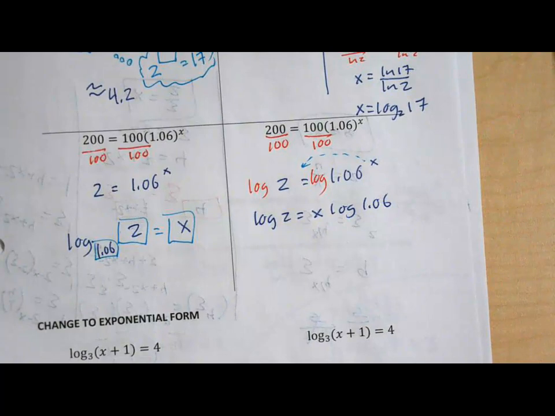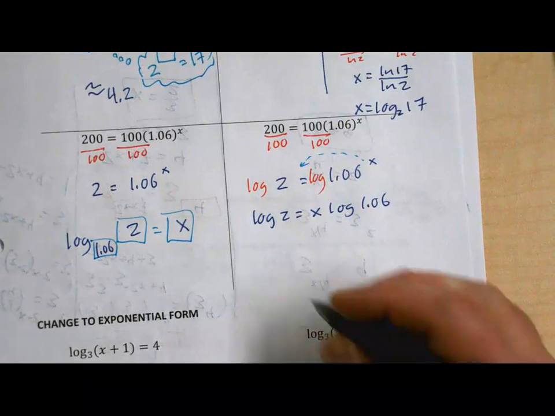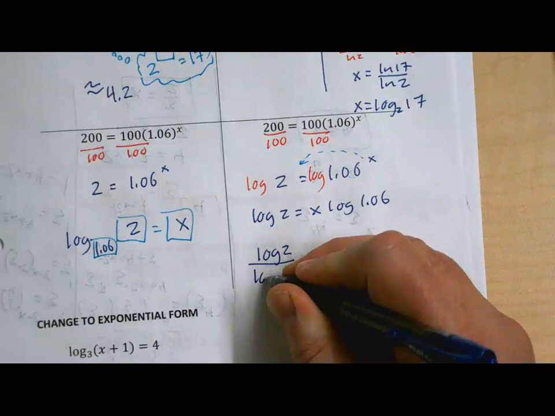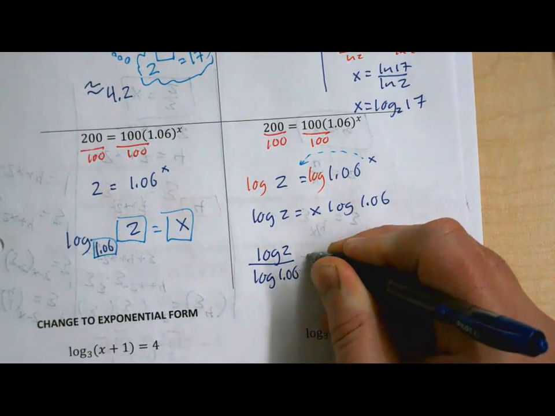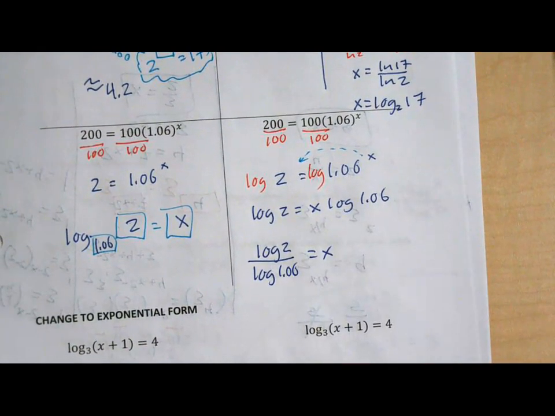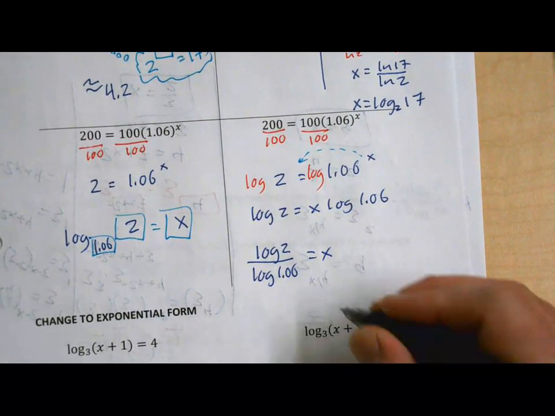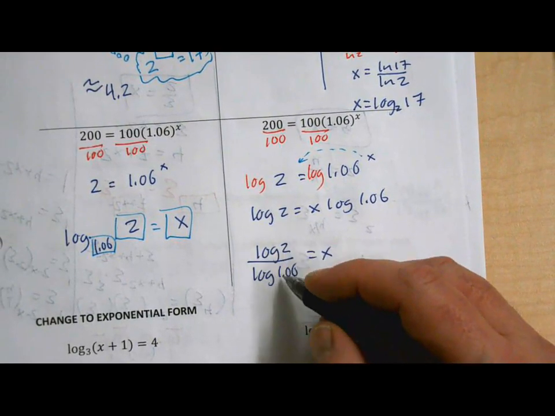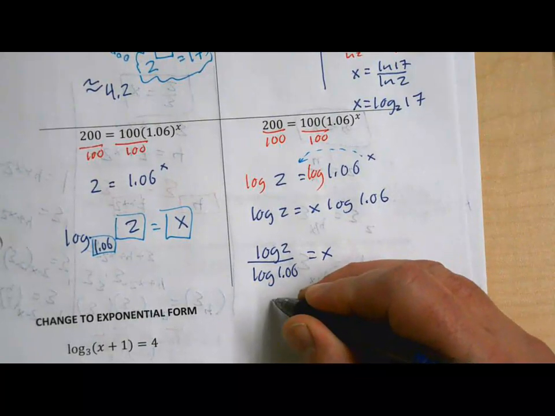And then we can just divide to get x by itself. I would like you, though, to, again, change this. We got a log over a log. Rewrite it as a single log to a base.